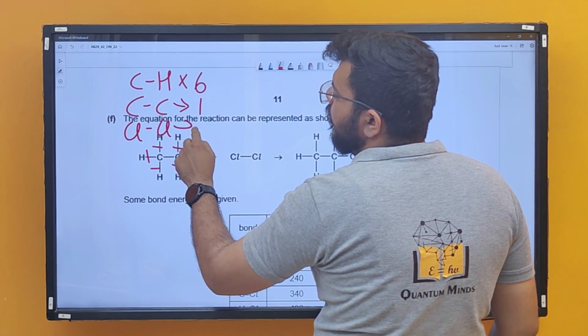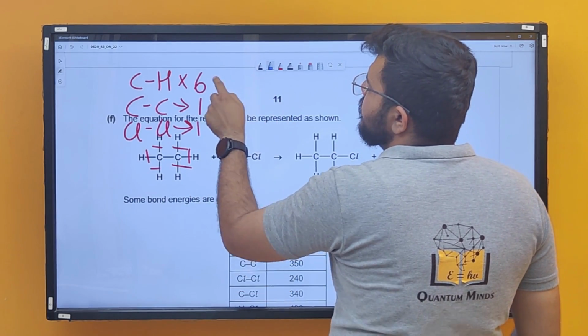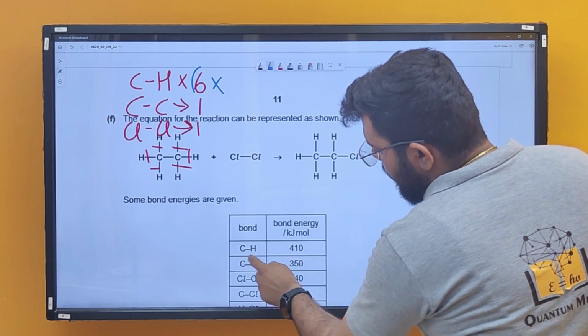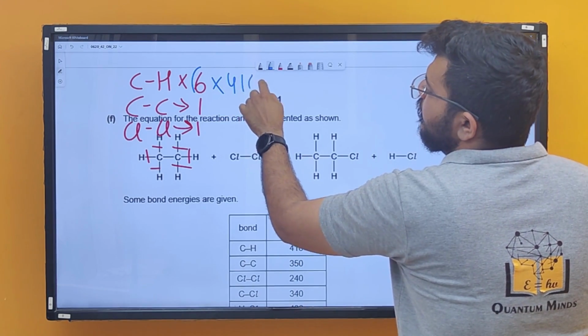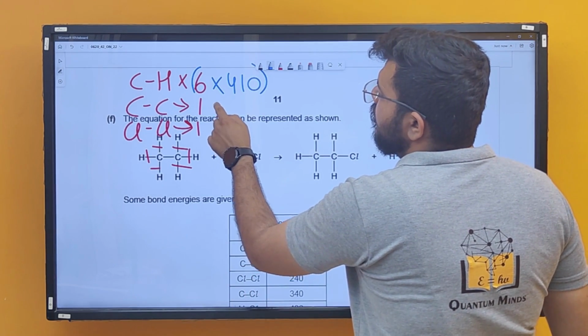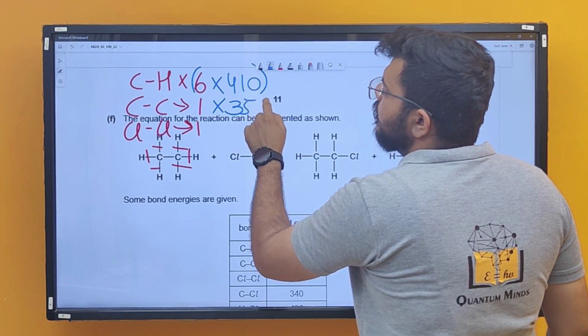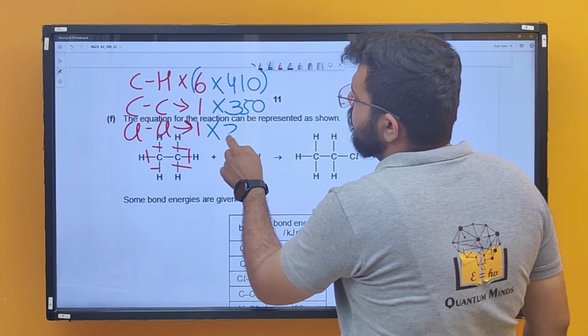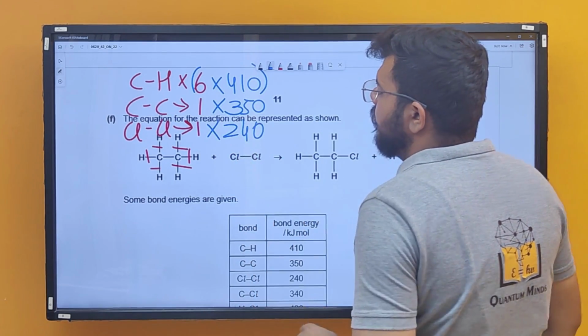How many? 1, right? So 6 multiplied by what is C and H? 410, right? Then carbon-carbon we have 350. So 1 multiplied by 350 and chlorine-chlorine we have 240. So 1 multiplied by 240.